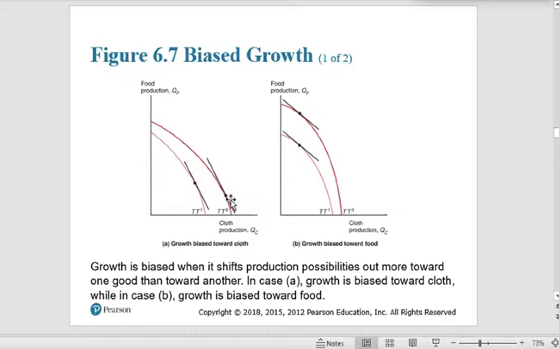When there's a change in the supply, there will be a change in the price. And why do we care about price? Because when there's a change in price, there will be a change in terms of trade, and then there will be a change in welfare. Try to digest that, try to understand that.